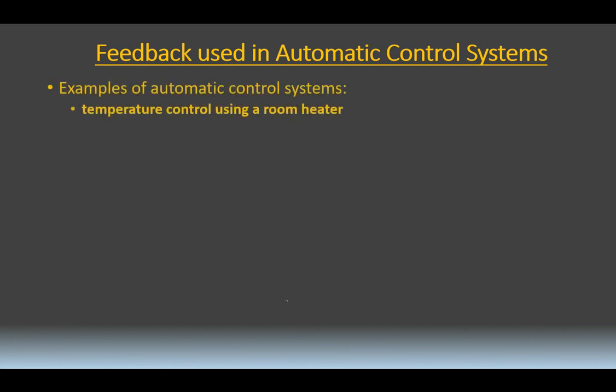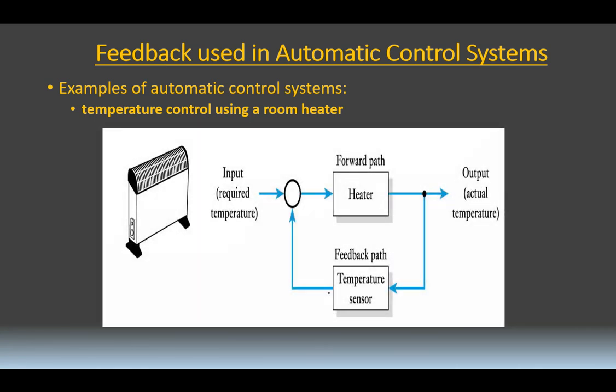Some real-time examples I would like to mention: temperature control in room heaters, geysers. We need a feedback. After the temperature increases to a certain level, a signal is sent through this, which decreases the input. So the room heater will maintain that temperature.